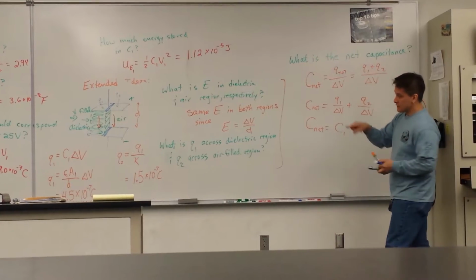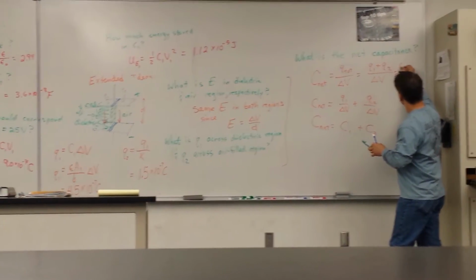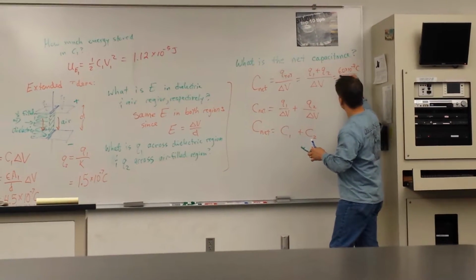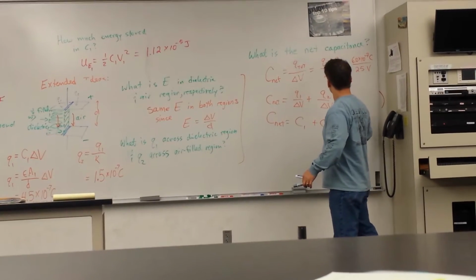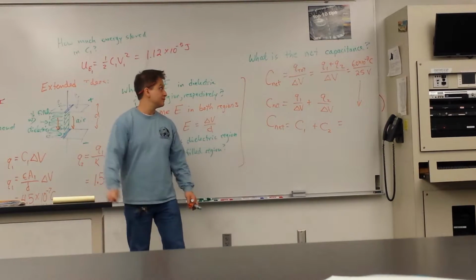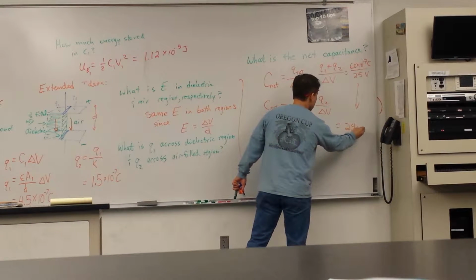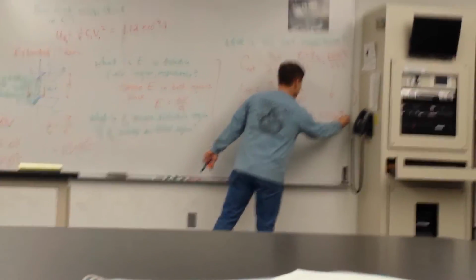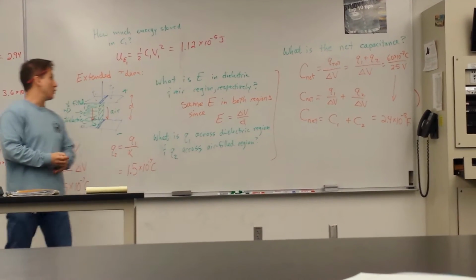But basically, if we took 6 times 10 to the negative 7 and divided that by 25, that's going to give us a value of 2.4 joules per coulomb per volt, excuse me. More fair.